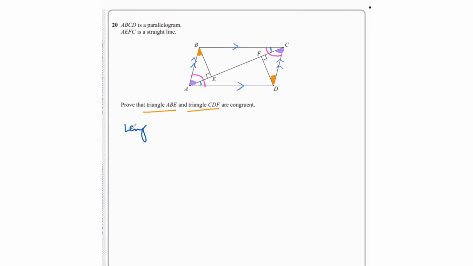The length of BC is equal to AD because it's a parallelogram.